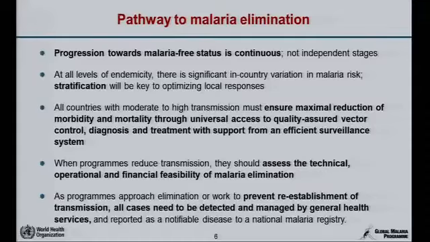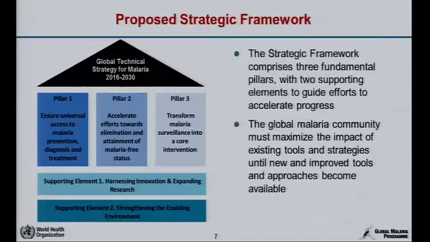When programs reduce transmission, they should assess technical, operational and financial feasibility to finalize the job and indeed achieve malaria elimination. And finally, as programs approach elimination or work to prevent the re-establishment of transmission, all cases need to be detected and managed by general health services and reported to a national malaria registry as part of the process of certification.